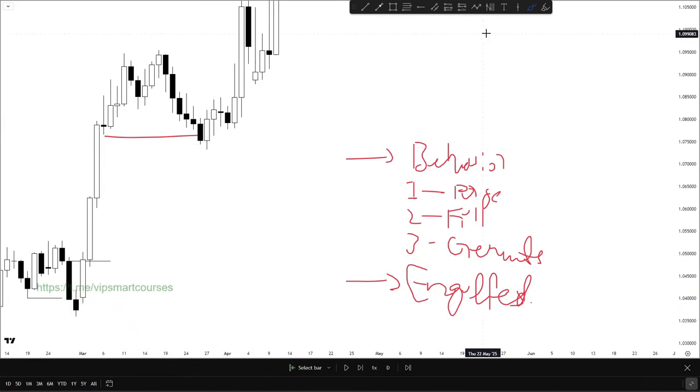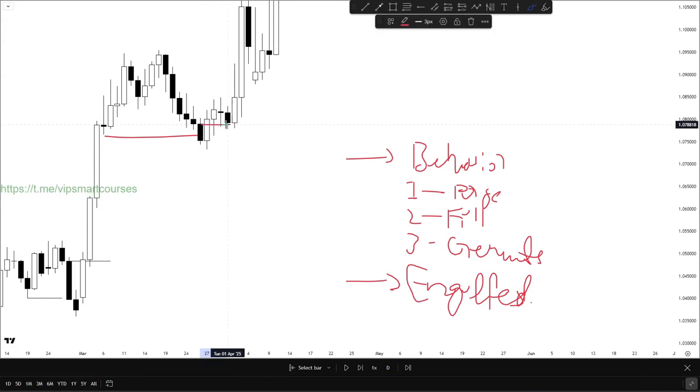In this case, you can see that this candle right here closed above the body of this candle, which also brings us to the next topic, which is when to choose the body and when to choose the wick of a candle as an order block. And that also boils down to how a candle closes above the candle that showed the behavior, or how the candle that shows one of these behaviors gets engulfed.